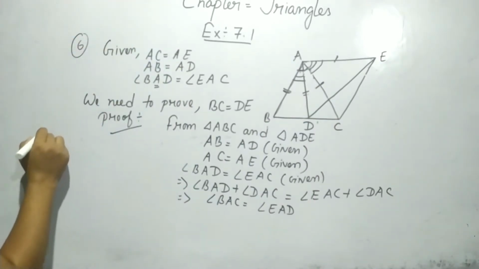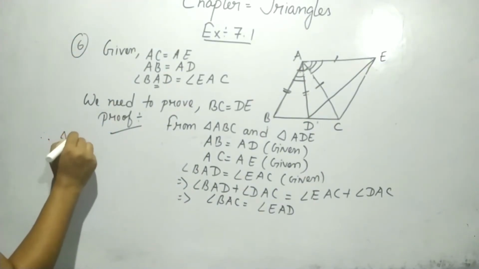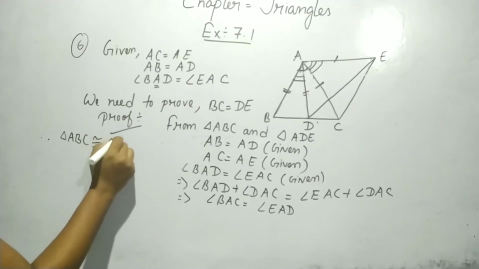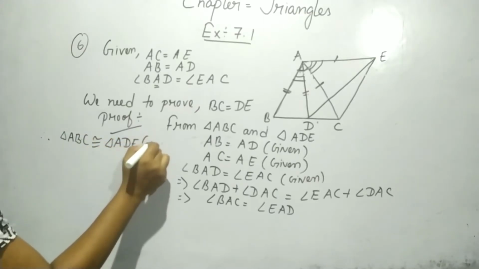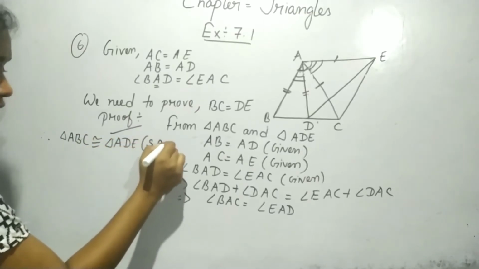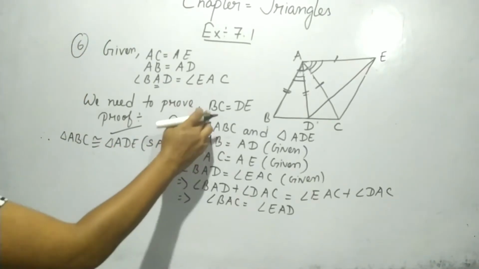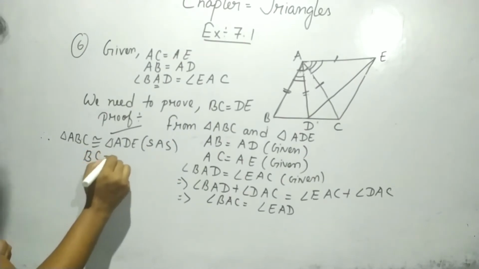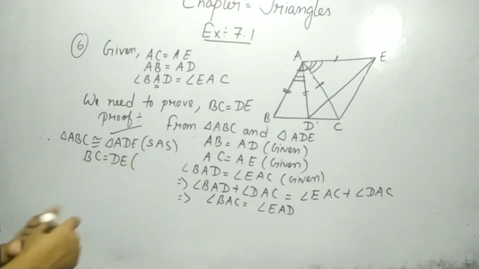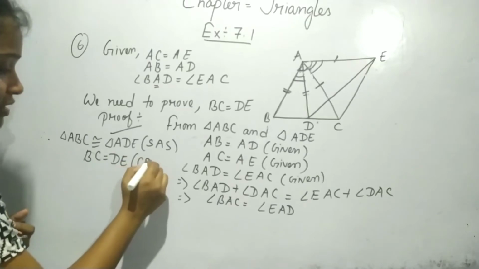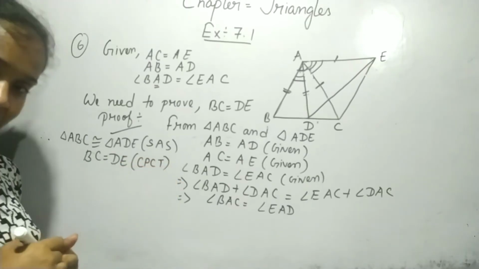Therefore, triangle ABC is congruent to triangle ADE, by SAS. And if it is SAS, then I can say BC equals DE. Why? Because of CPCT.